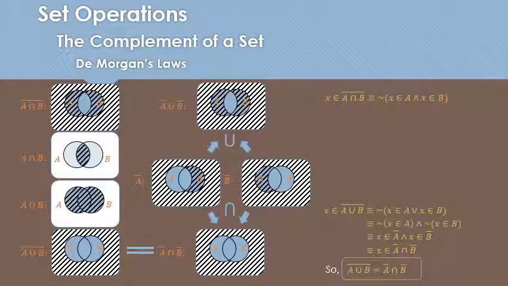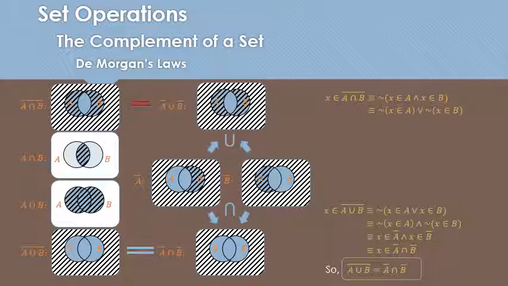I missed an equal sign there, but those two sets are equal. Let me actually draw that in real quick to avoid any kind of confusion. Sorry, sometimes I lose my pointer. These two sets are equal.